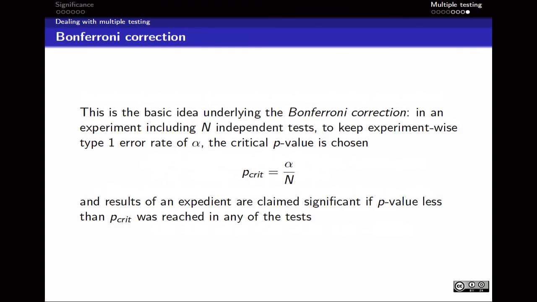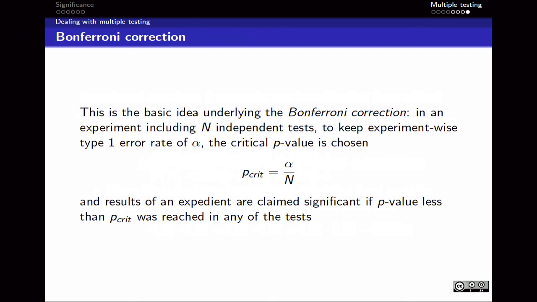So this type of reasoning leads to the Bonferroni correction. The Bonferroni correction procedure says that in an experiment including independent tests, if you want to keep the experiment-wise type 1 error rate at alpha, then the critical p-value you should choose is alpha divided by the number of independent tests you are doing in your experiment.